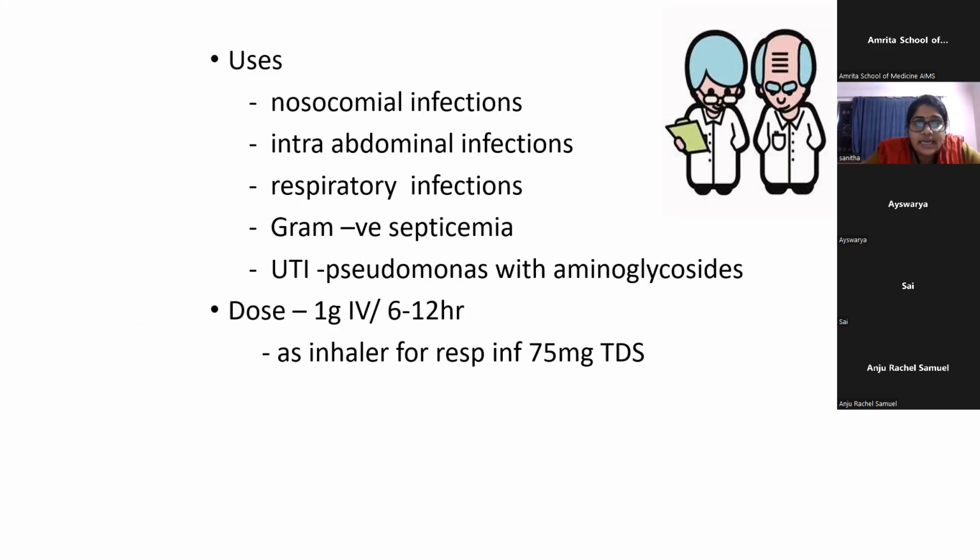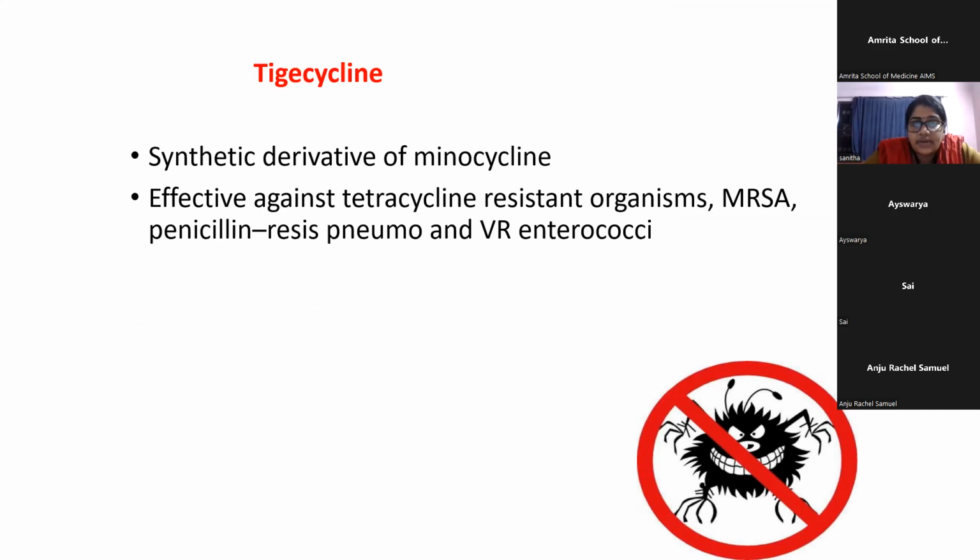Then tigecycline, a synthetic derivative of minocycline. It's a glycylcycline similar to tetracycline. Its advantage is that we can use it for tetracycline resistant organisms, and it is also effective for methicillin resistant Staphylococcus aureus, which is a gram-positive organism. It is also useful for vancomycin resistant enterococci as well as penicillin resistant pneumococci.